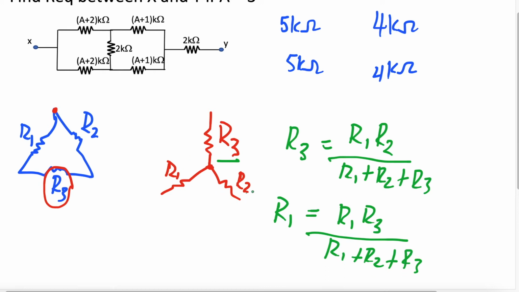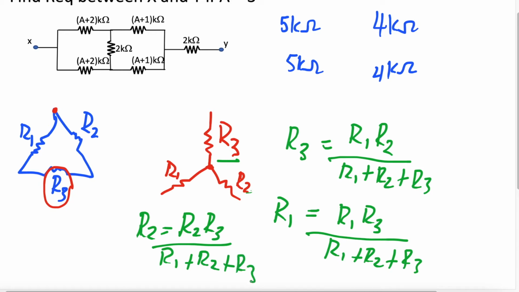And the last resistor R2, well, R2 is equal to R2 times R3, right? In the same position, right? So if R3 is on the top and R2 is over here, R2 times R3, this is what R2 is equal to after the equivalency. So R2 times R3 divided by R1 plus R2 plus R3, right?